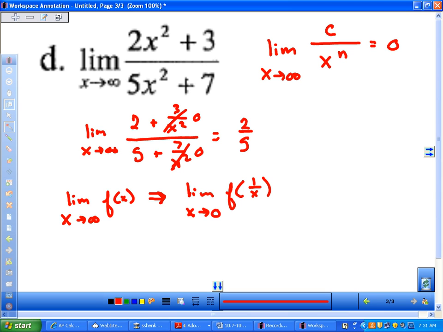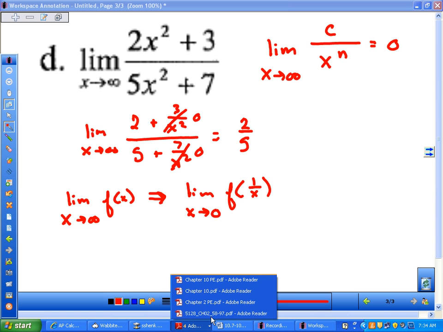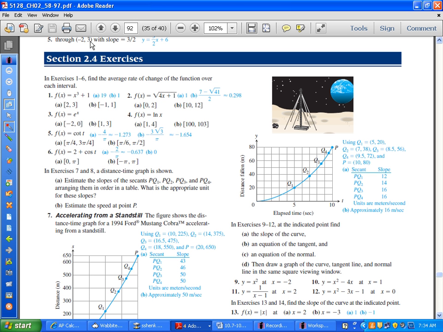Okay. Now, using this method here really makes these ones more difficult. But if it's not a rational function, like if it was an exponential or a logistic or something like that, that makes this one a little easier. Let me try and find an example from the text of that one. This would have been back in 2.2.